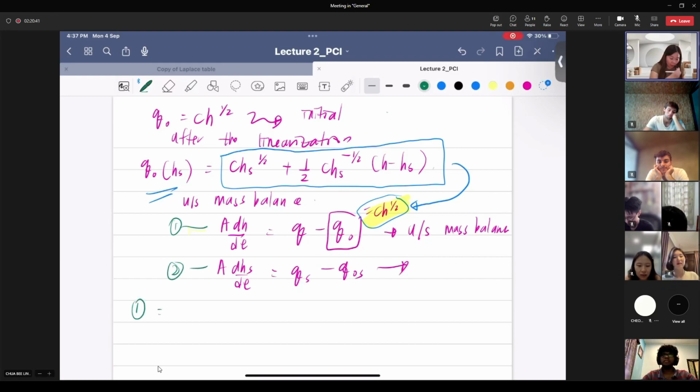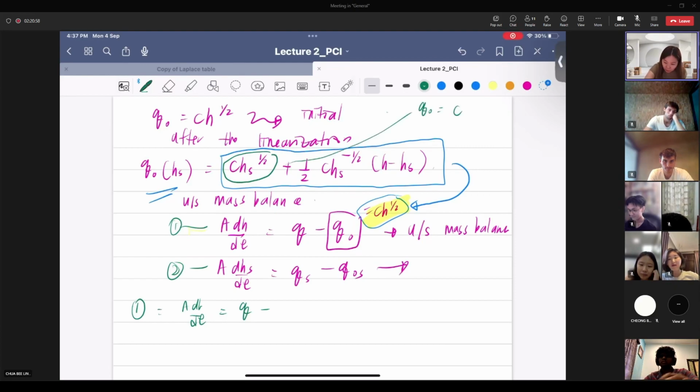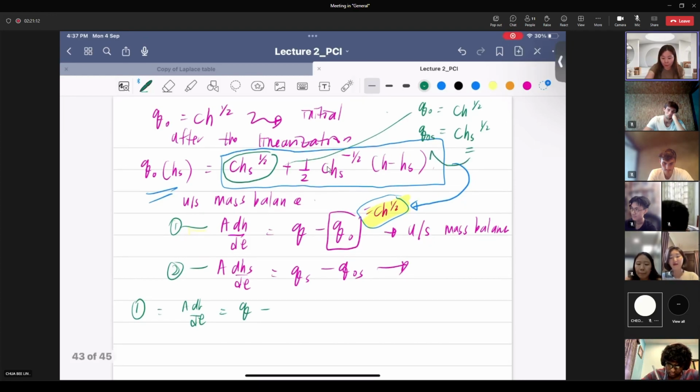Your equation 1 will become A dh over dt equals Q minus, you substitute the whole thing inside. Before you substitute, by maths, Q0 is C h^(1/2). So if it's C h_s^(1/2), your h value is the steady state value, then this will be equivalent to your Q0_s. So go back here. We will substitute this with Q0_s because of this.